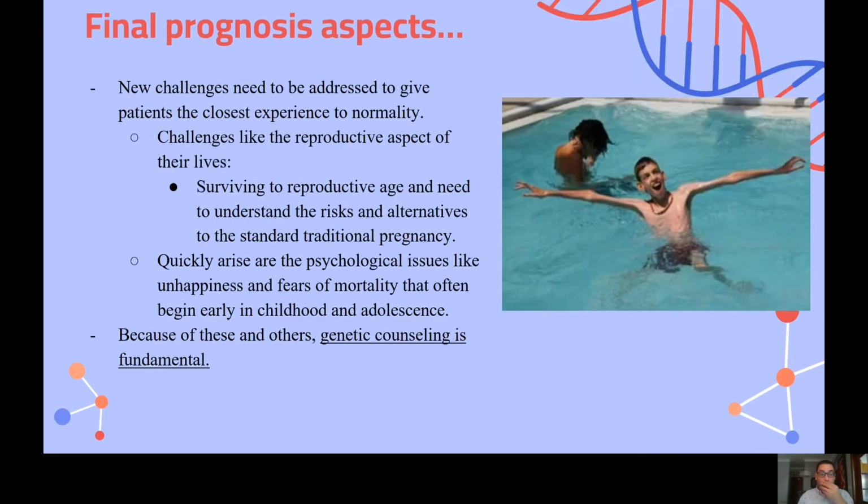And finally, with all this being said, we are presented now with new challenges. For example, one I find important is that they need a lot of counseling now because they're reaching reproductive age.